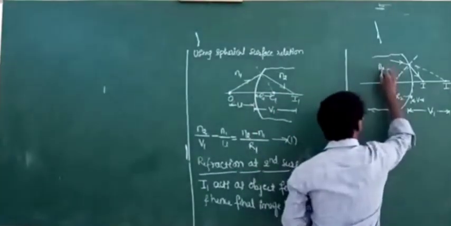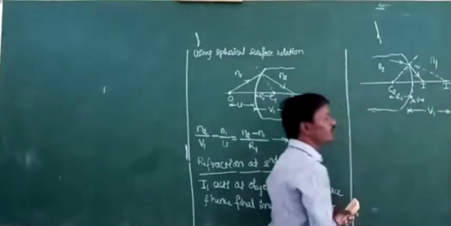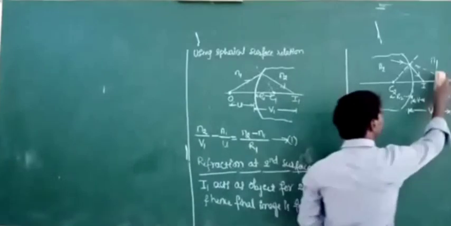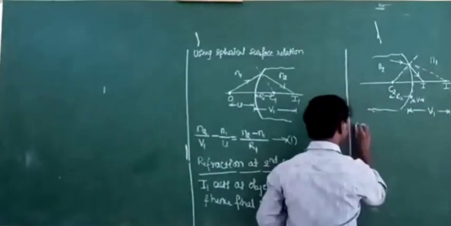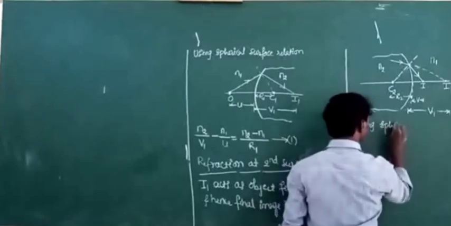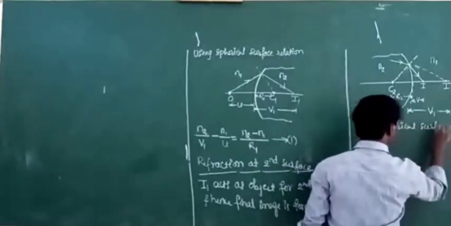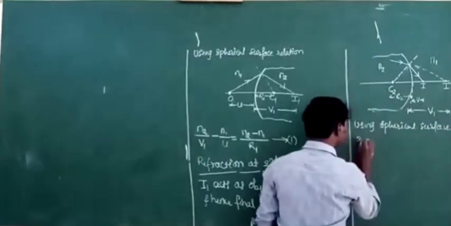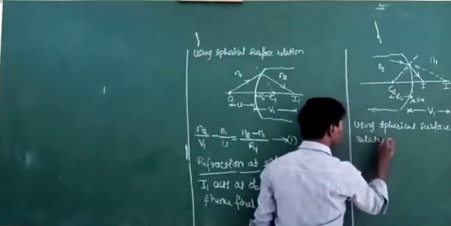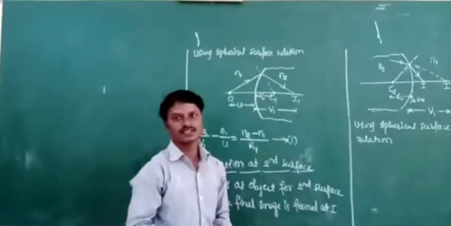Then N2 is the refractive index of the lens, and N1 is the refractive index of the rarer medium. Then using the spherical surface relation, that is refractive index of image space divided by image distance.